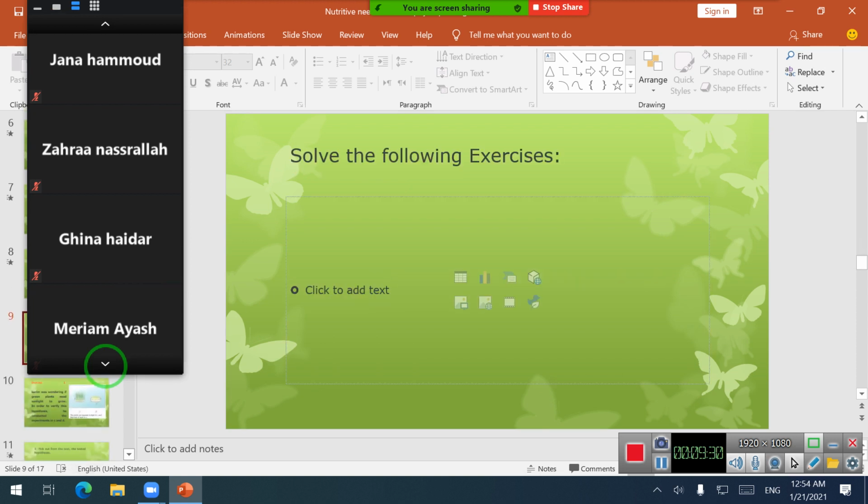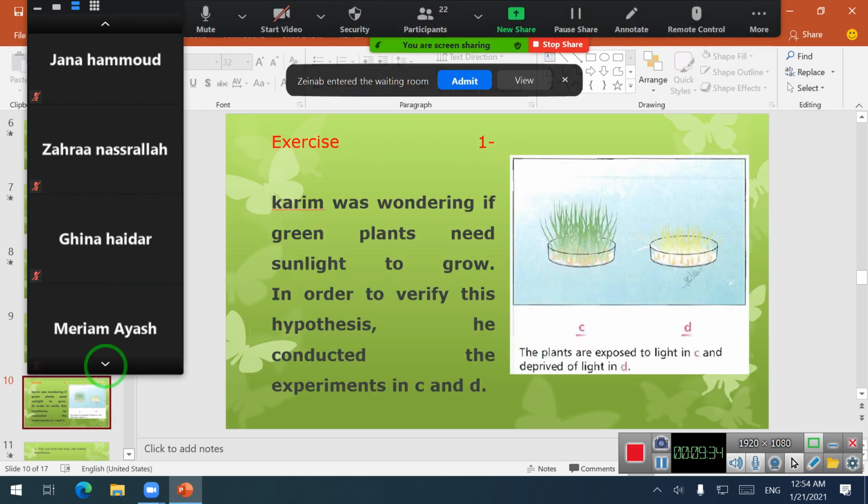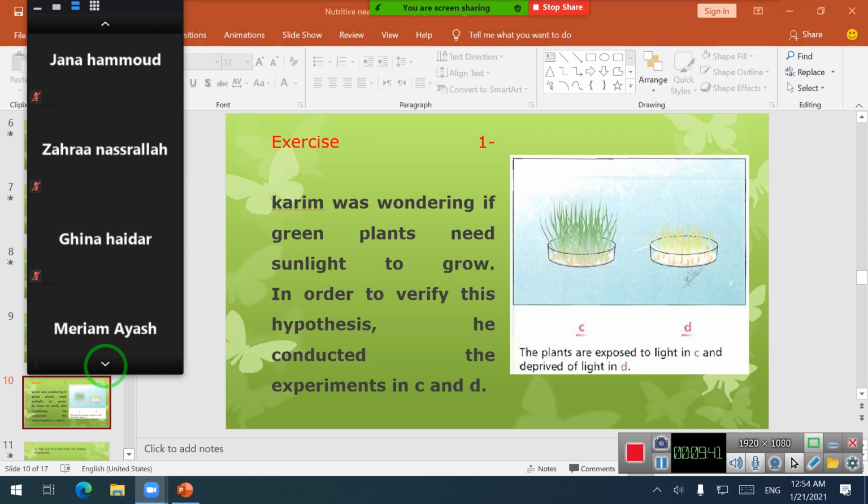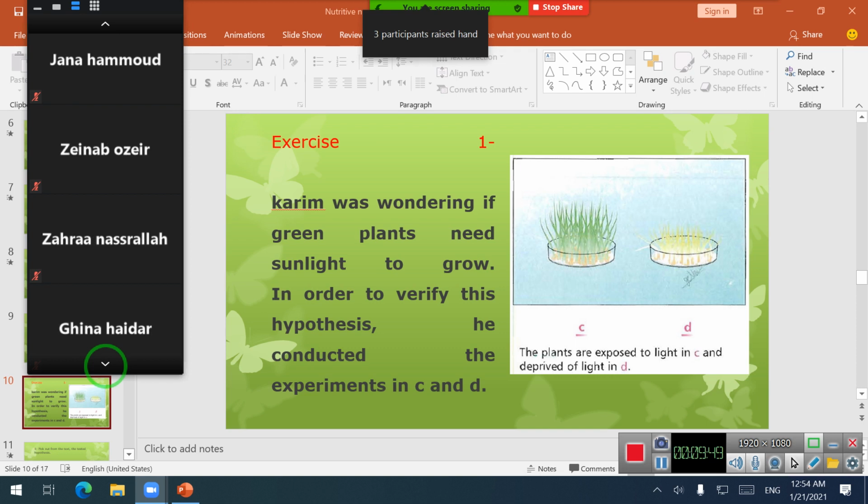Now, I have to solve the following exercise. Look at exercise 1. Exercise 1 tells me that Kareem was wondering if green plants need sunlight to grow. So another need for green plants is sunlight.